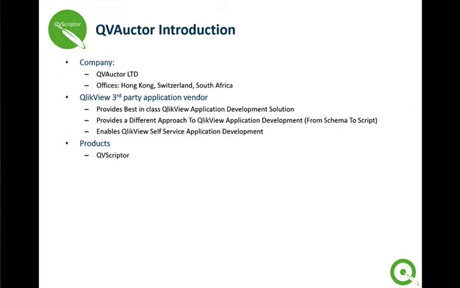So I think that will become more clear as we show the demo. And we enable QlikView self-service application development. And our product is QVScriptor, and the latest version is the 2013 version.